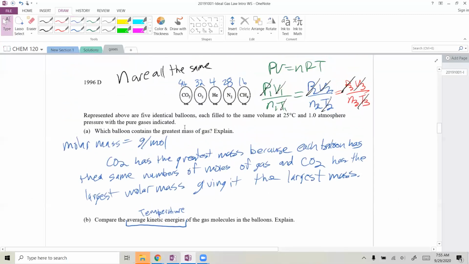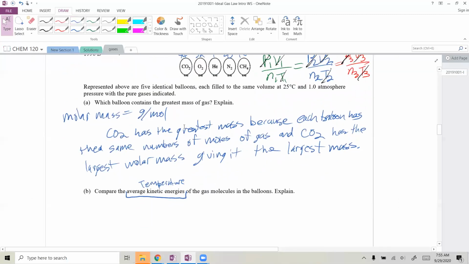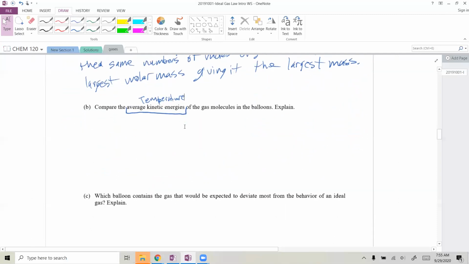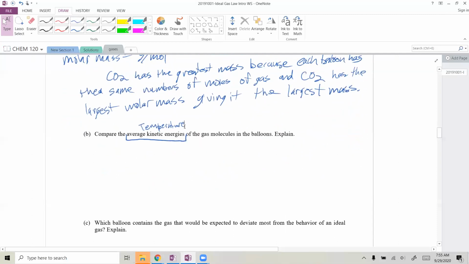So if we look at all of these gases, if they're all at the same temperature, then we need to compare the average kinetic energies. You might want to say, well, CO2 is largest, and so it's going to move slowest, which is fine, but that's its velocity. If we were comparing velocities, then that's what we could be looking at. Instead, though, we're comparing their average kinetic energies.